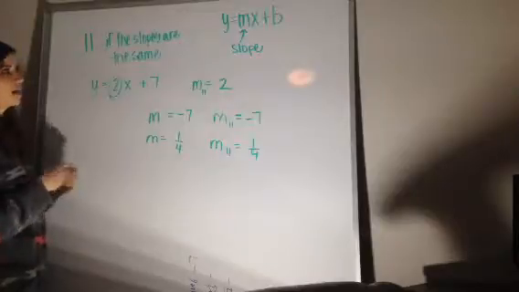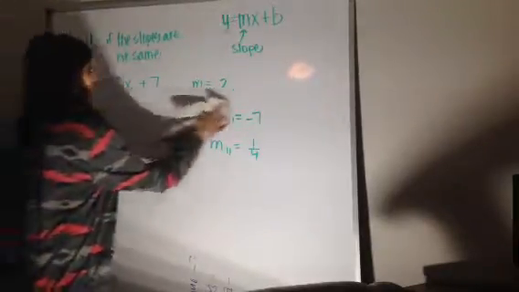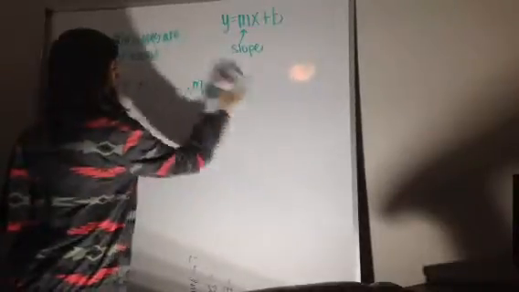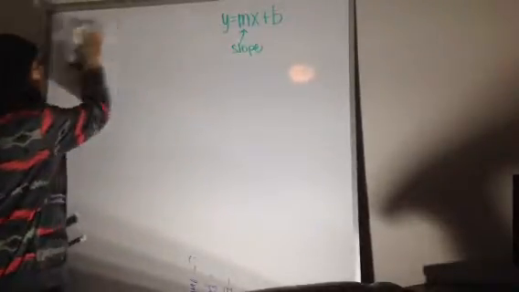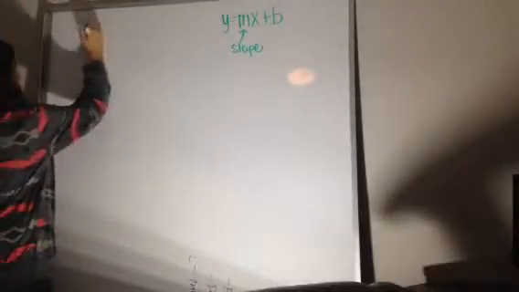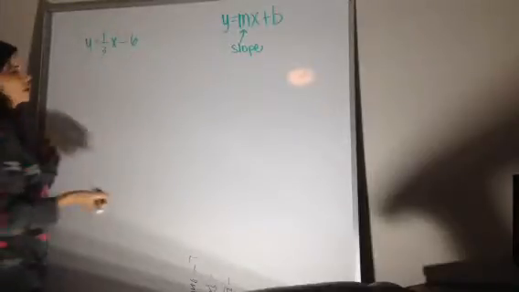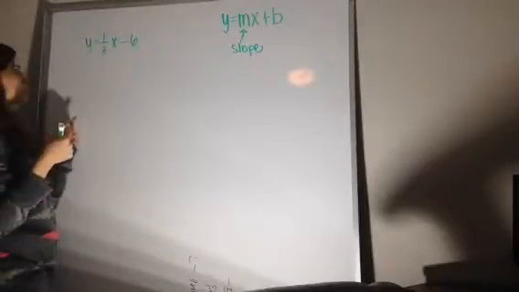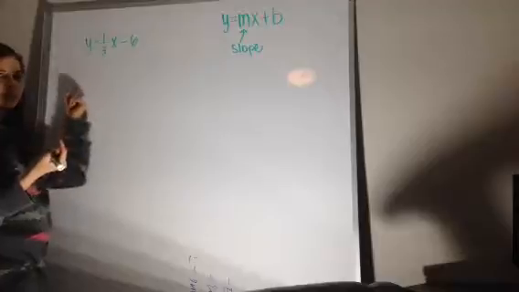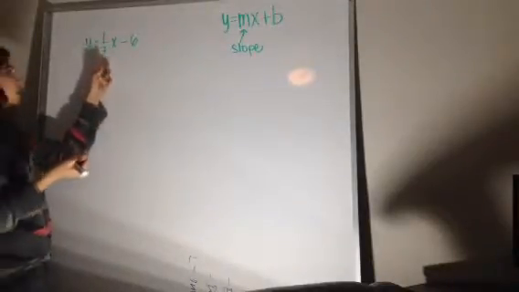So that's parallel lines. Now, if two lines are parallel, then we know that parallel means that they'll never cross. So say we have y equals 1/3 x minus 6. In your head, think, what would the slope of a parallel line to this line be? Okay, so then it's going to have to be 1/3 because it has to be the same.